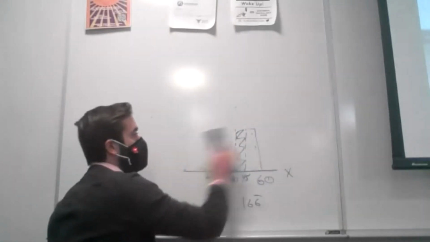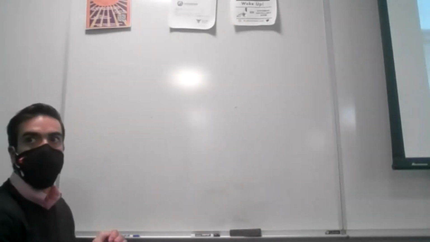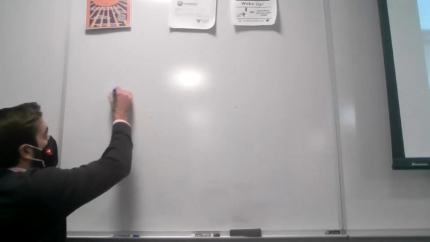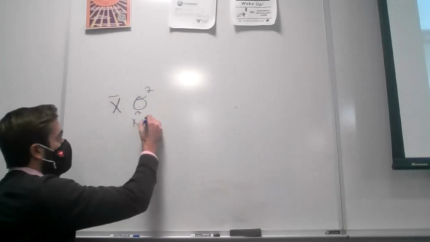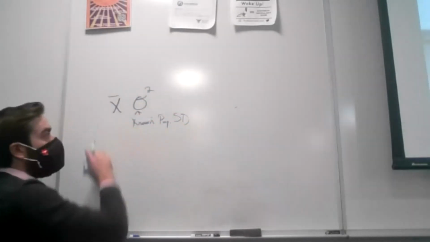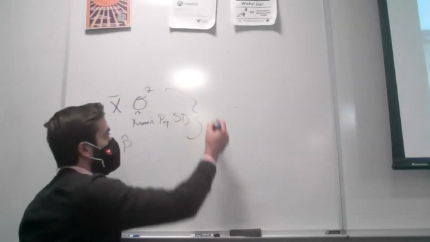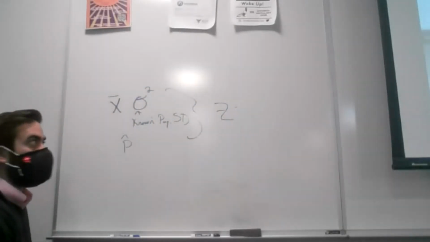Maybe one way to keep this straight, if you're having trouble identifying when do I use the standard normal, when do I use that student T: anytime you have a known population standard deviation and you're dealing with a mean, or you're dealing with proportions, that's when you use that standard normal or Z table.